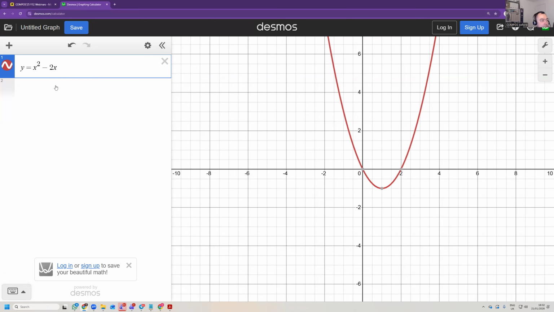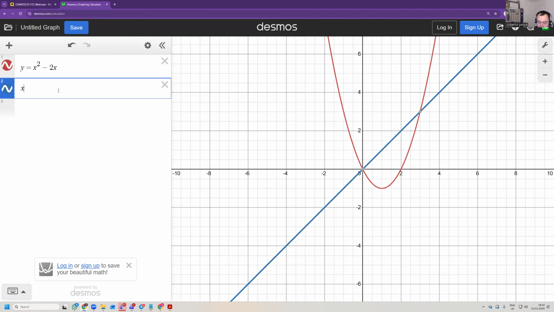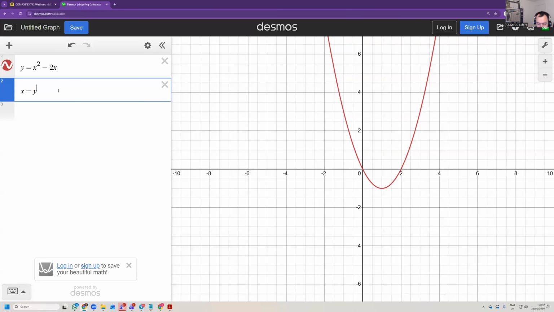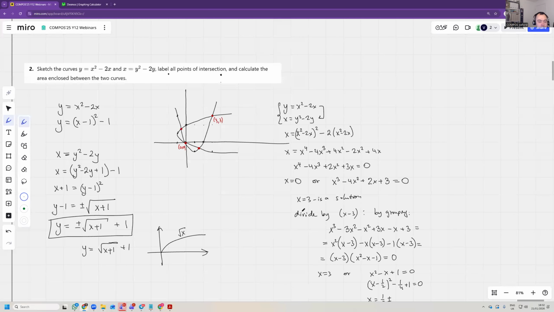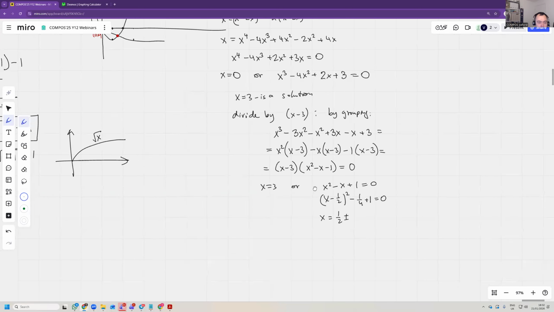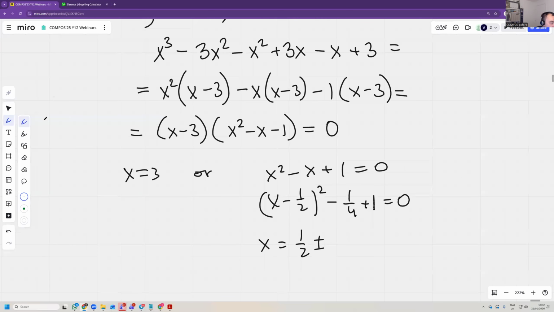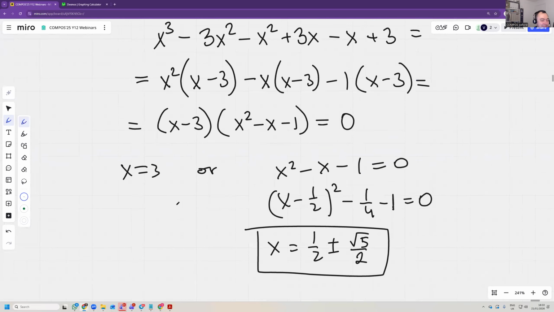And x is equal to y squared minus 2y, minus 1, of course. Go to 5 over 2. x is this. So we have two values.